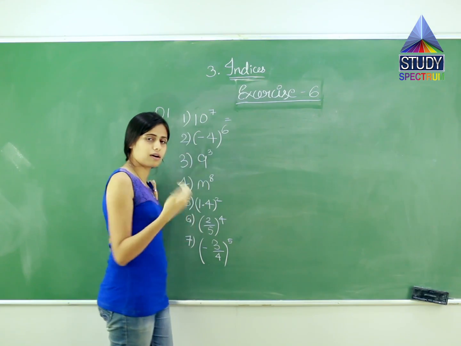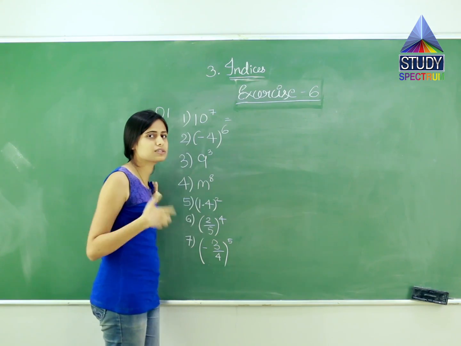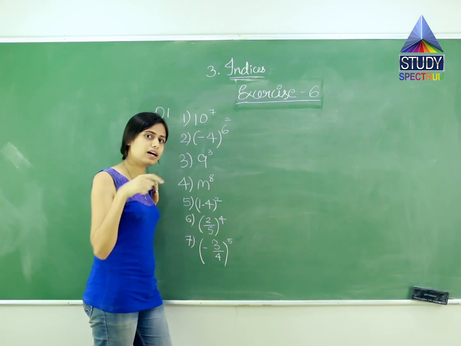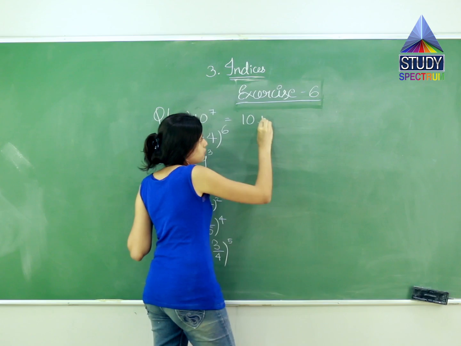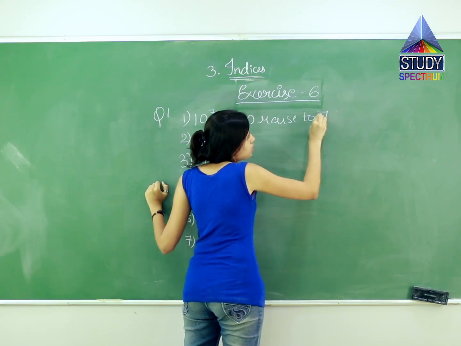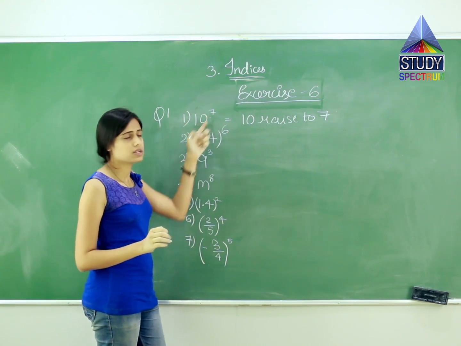But we will start with only one, that is 10 raised to 7, because it is more clear and you will not mess up with the power 2. So what we will do is 10 raised to 7. This is what it is read as, 10 raised to 7.